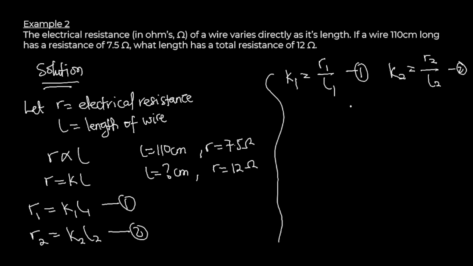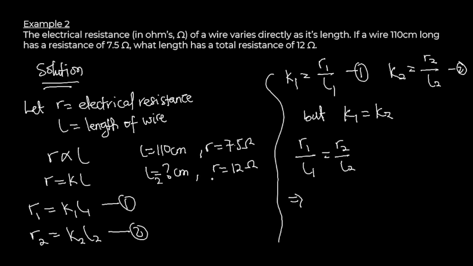But the constant of proportionality for both is the same. So it means K1 is equal to K2. This implies that we can now have the ratio R1 on L1 to be equal to R2 on L2.